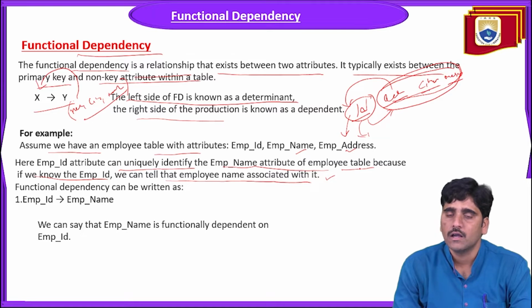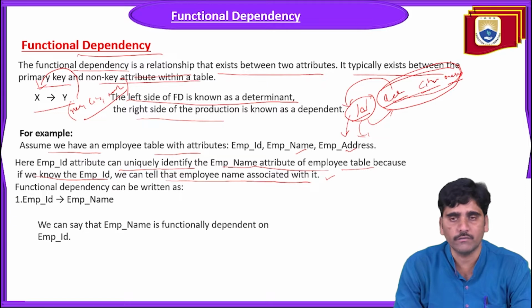If we know the employee ID, we can say the employee name, salary, city, department, everything. But without knowing the employee ID, we cannot say the name, salary or department of that employee. So to fill all the fields, we have to fill the primary key field. The functional dependency can be written as employee ID tends to employee name.